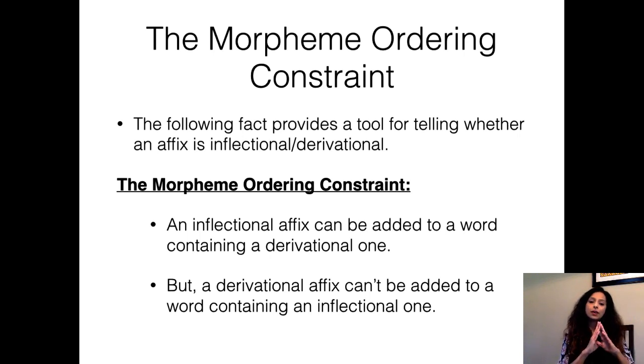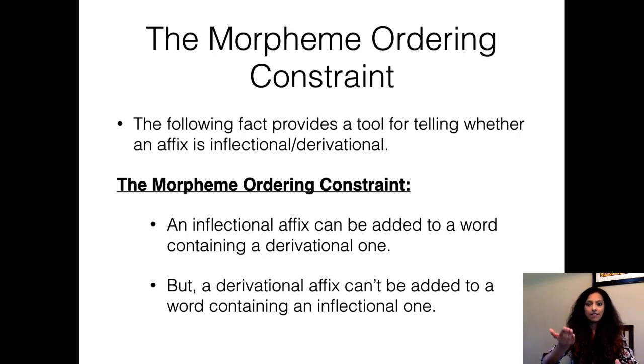Sorry, I completely said that the opposite way. So let me rephrase what I was saying. Once you attach an inflectional morpheme, you cannot attach a derivational morpheme, right? So you cannot say cat's able, right?